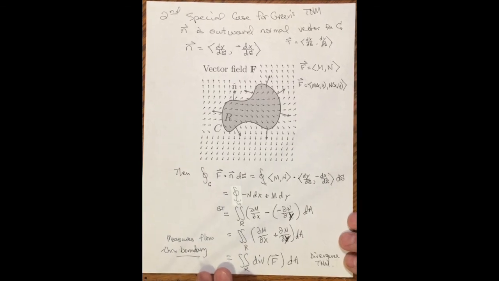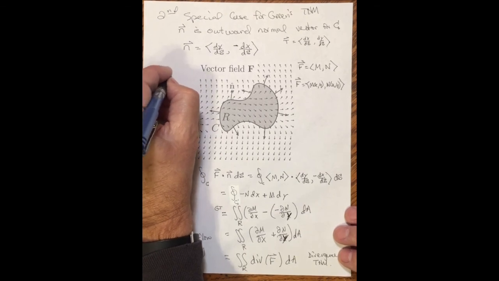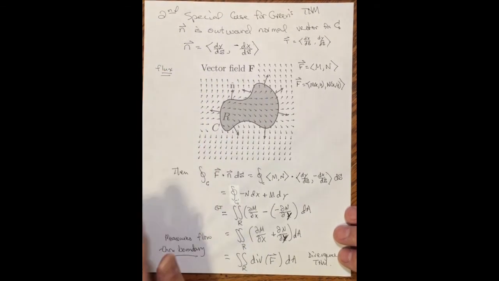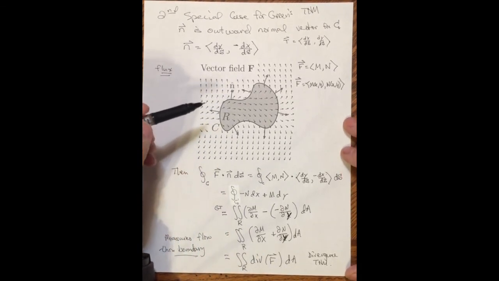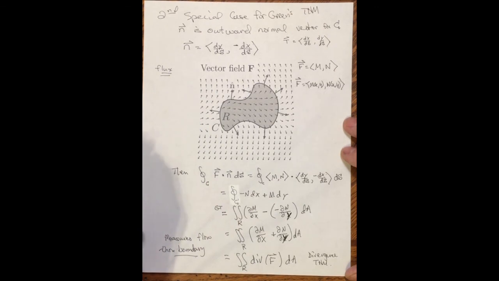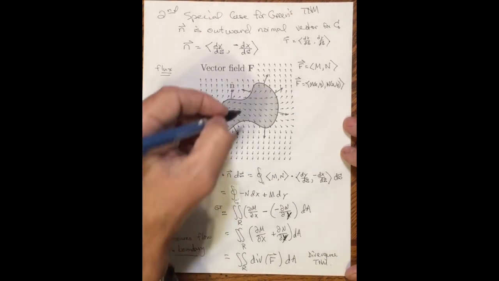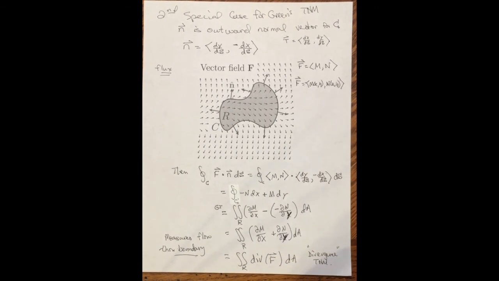So this is sometimes called the flux form of Green's theorem. And what it's going to give you in this case is it kind of measures the flow of the vector field across the boundary, or the flow through the boundary. And it's going to lead us to something that's one of the couple of things we still have to study.